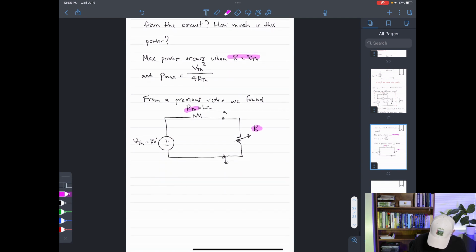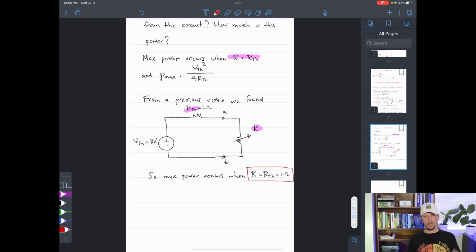So maximum power occurs when this variable resistor has the same resistance as the Thevenin resistance. That happens to be 1 ohm. We used the result in a previous video to establish this. I suggest that you take a look at that video. So we're using previous results in order to continue solving problems that are a little bit more sophisticated.